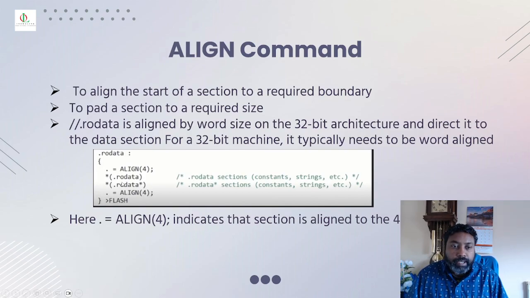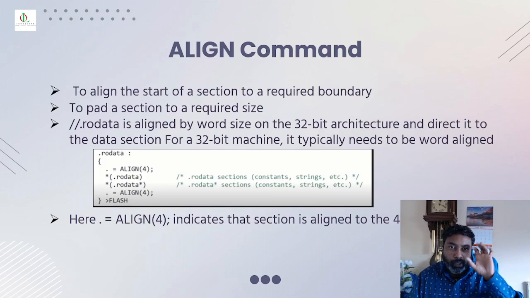The read-only data here, as an example, is aligned by word size on the 32-bit architecture and directed to your data section. For a 32-bit machine, it typically needs to be word aligned. So all the words will be aligned depending on the boundary that you created.